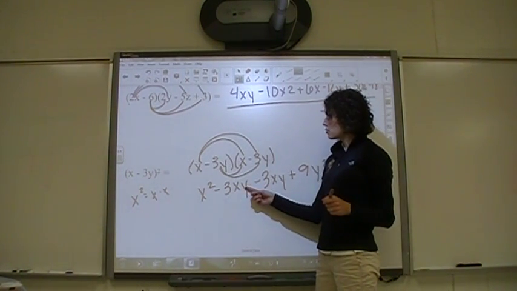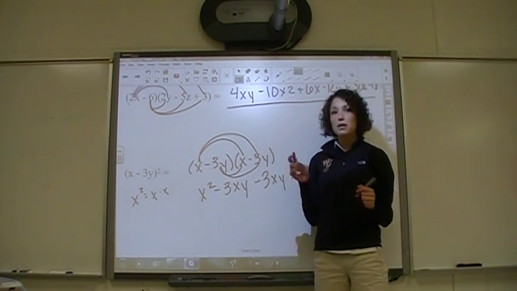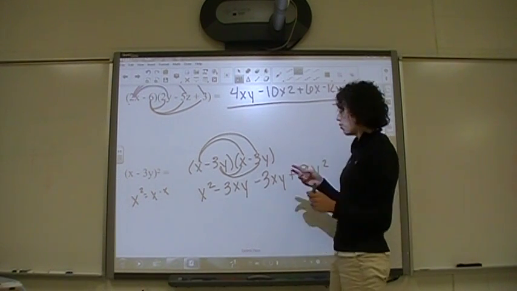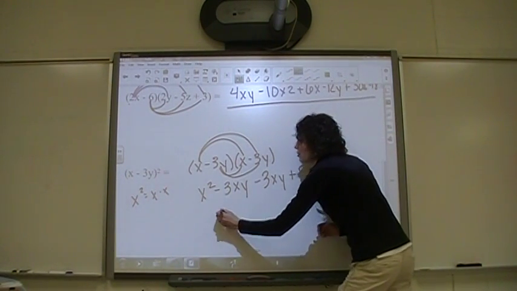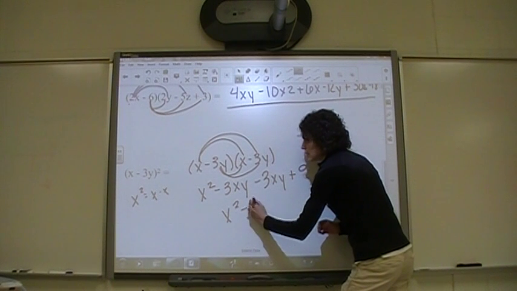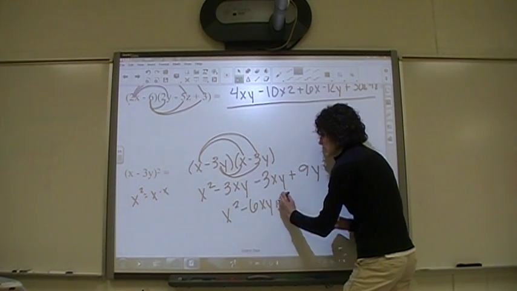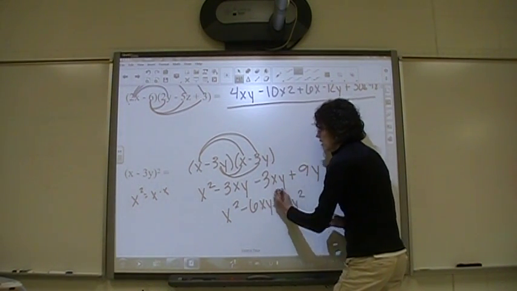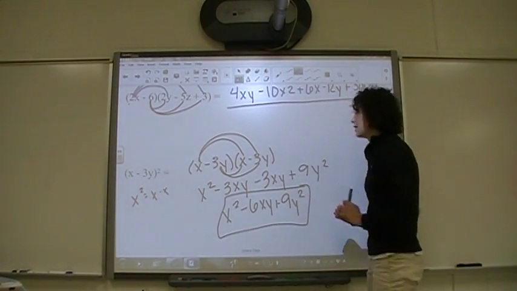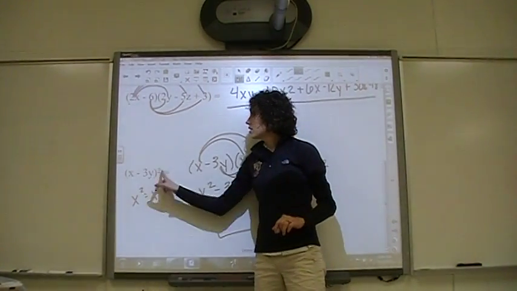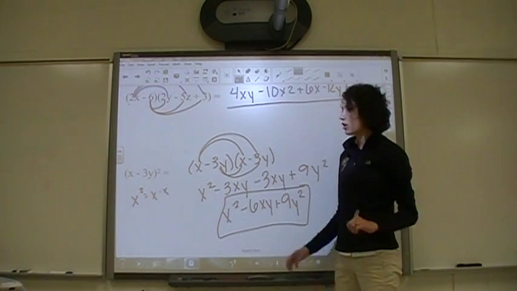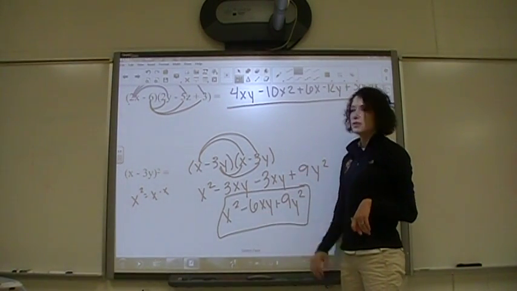Even if one was xy and the other one was yx, that's okay because with multiplication you can have it in any order. So when we add these together, you have x squared minus 6xy plus 9y squared. So this is my final answer. And that's why you can't just take that squared and multiply it by both, or distribute it, because you're going to be missing this middle term.